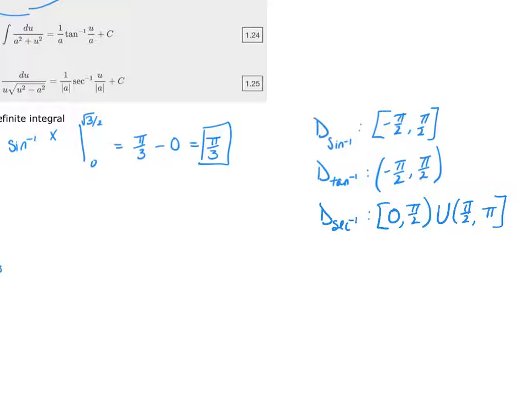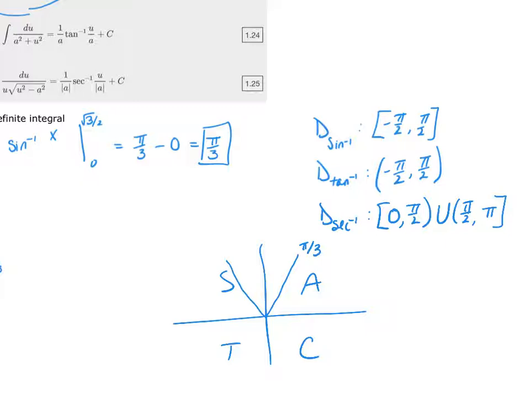Now the reason that's important is because if I look on my unit circle and I'm asked to evaluate, the angle that represents square root of 3 over 2 is pi thirds for sine, and the other place it's positive is 2 pi over 3.